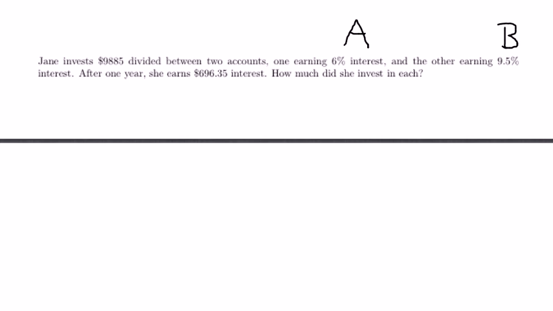Interest works like principal times 1 plus the rate of interest gives you the new amount of money. In this problem, we're only asked about the interest, so we can actually forget about the 1 if we wanted.